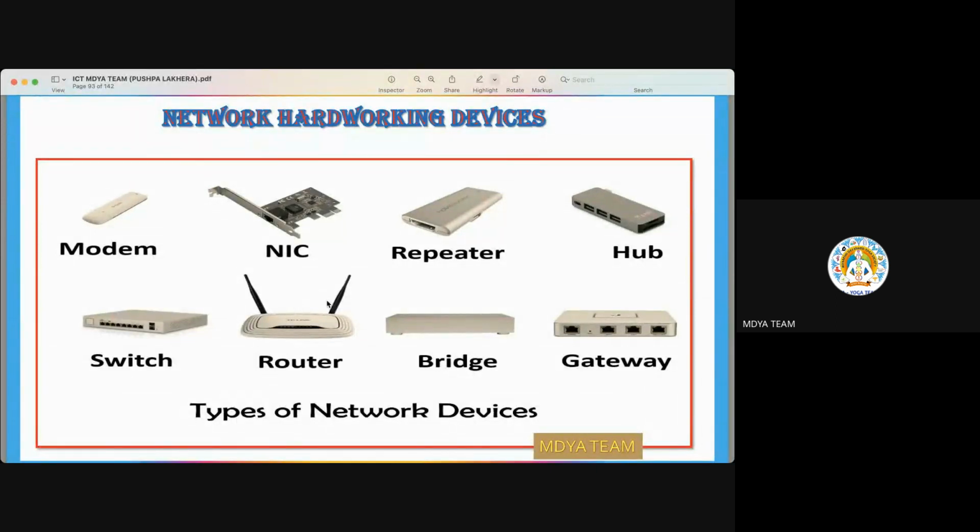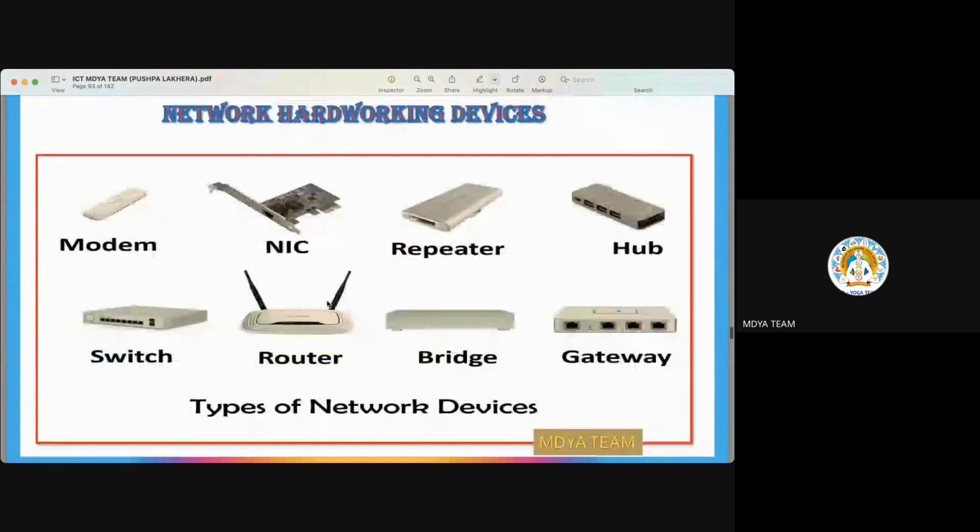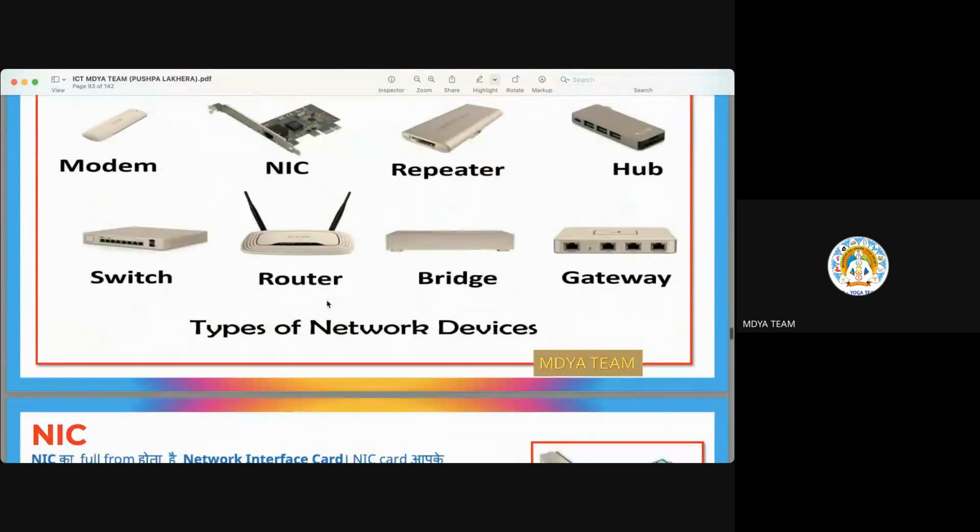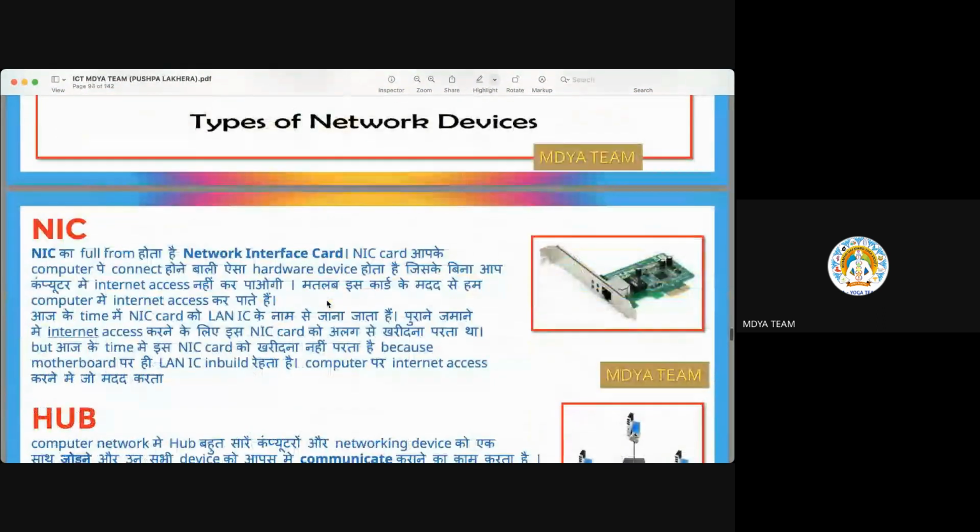On earlier devices, if you wanted to access the internet or some special services, you needed a network interface card. Why is it used?